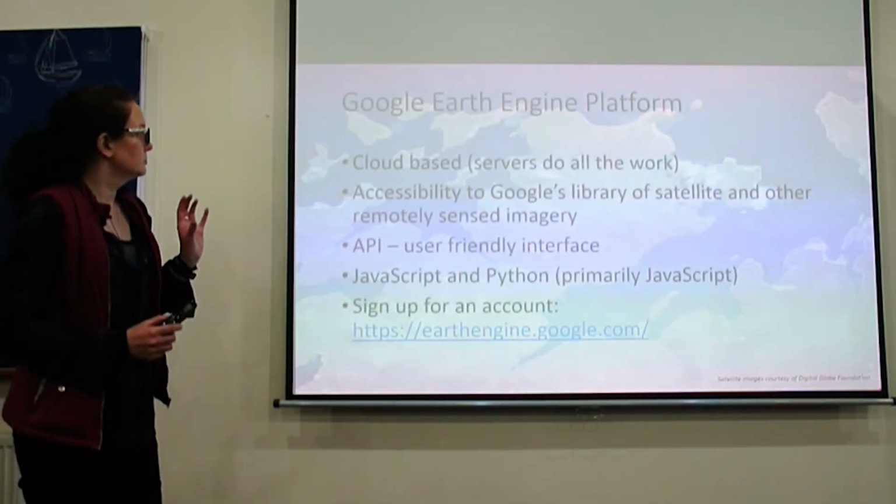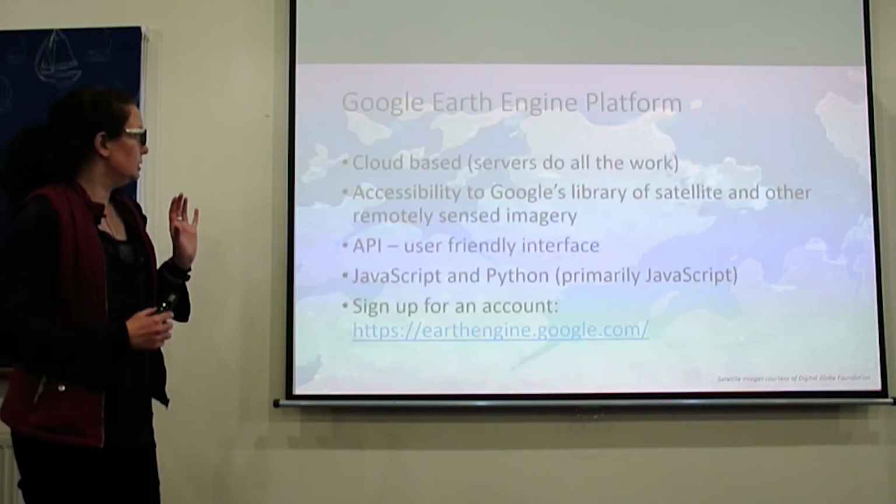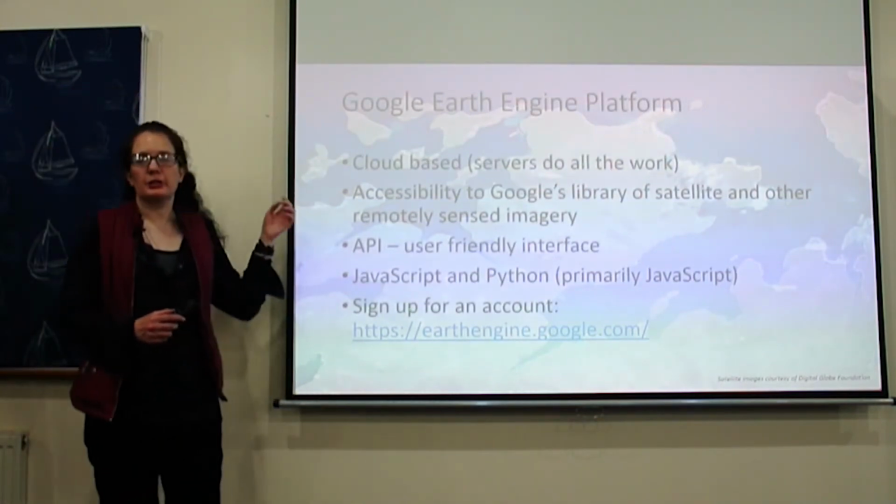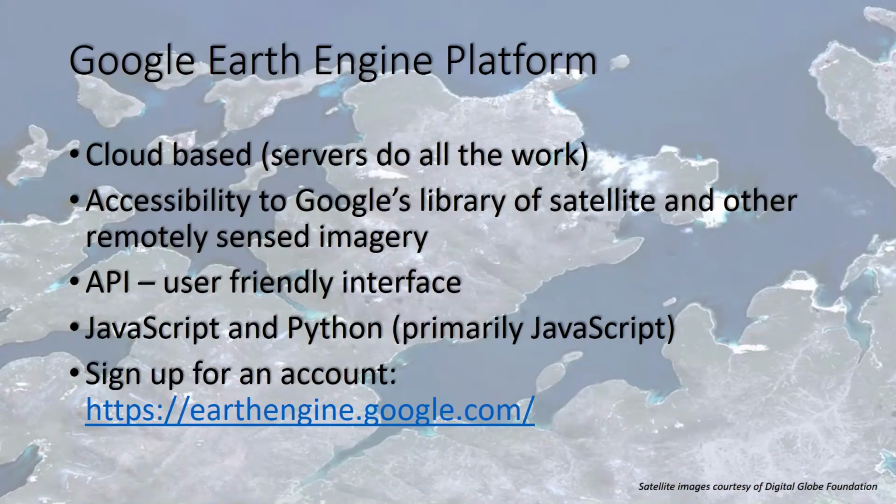One of the perks of using Earth Engine is that it's got access to lots and lots of different sources of imagery all in one place. And you don't have to download onto your computer. You can just access it through the cloud. So there's no upload, download of big data sets.